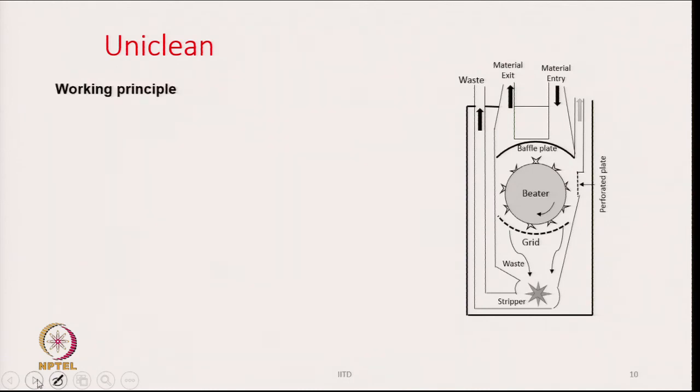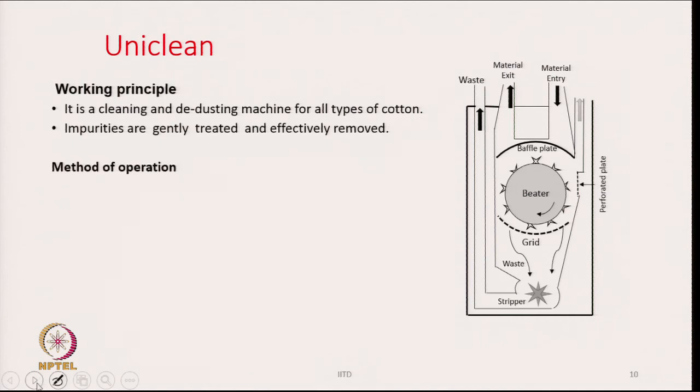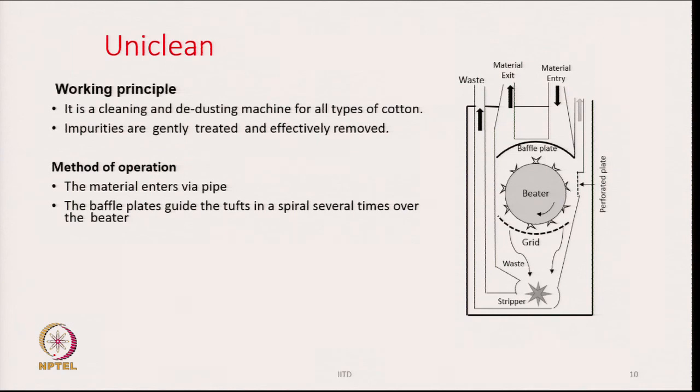The other machine of a similar category is also known as UniClean. So, you see it is different name-wise, but structurally it is more or less similar. The working principle you see here is that we have only one beater with spikes on its head, and the material entry is vertically downwards and exit is vertically upwards.